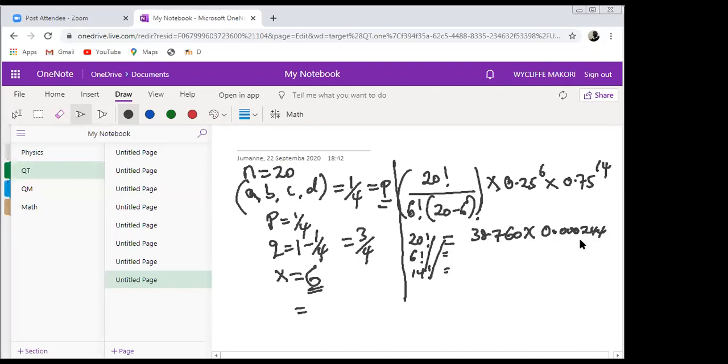I hope you are getting something like that. And then you multiply by 0.75 raised to the power 14, which is the same as 0.0178. Now you can multiply the whole of that with those figures, so that you can get the final answer.